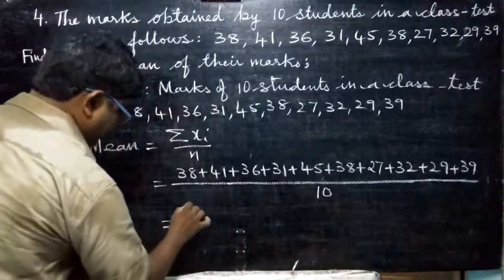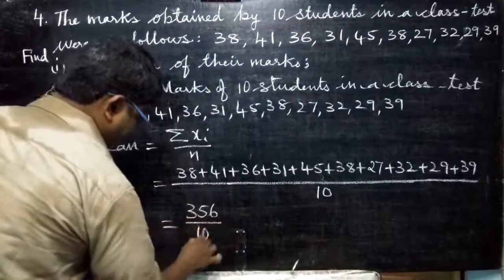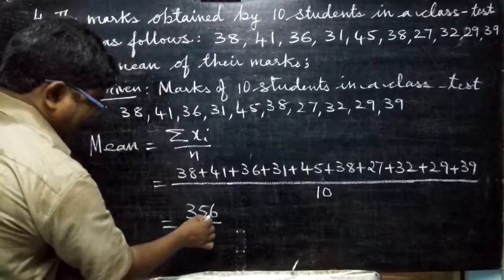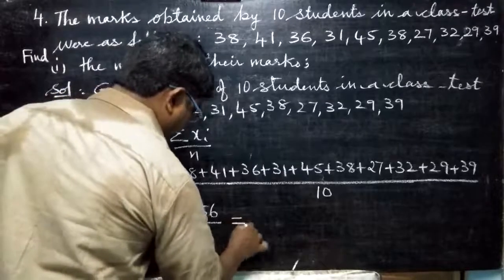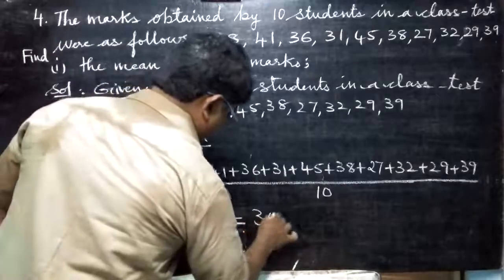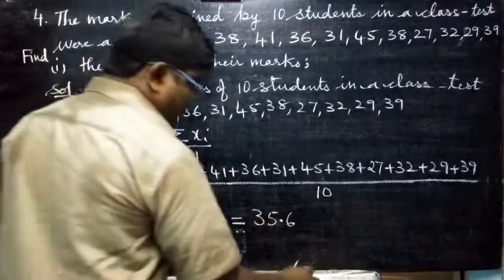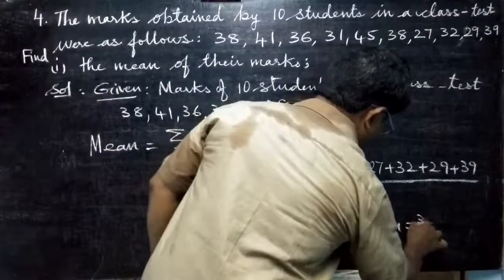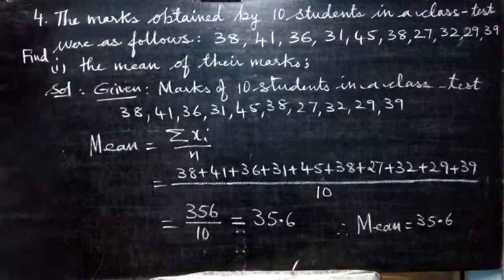When you add, you will get 356 by 10. Very easy. Denominator 10 means after one digit you are going to put the decimal. So that is equal to 35.6. Very simple. Therefore, mean is equal to 35.6. That is the answer.